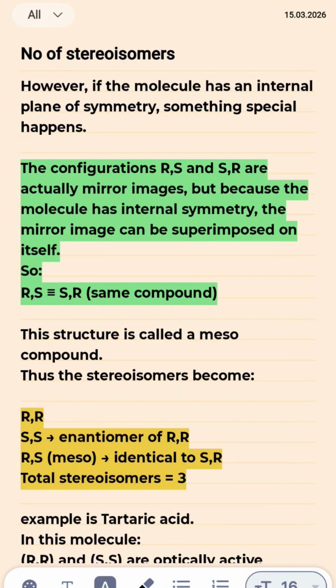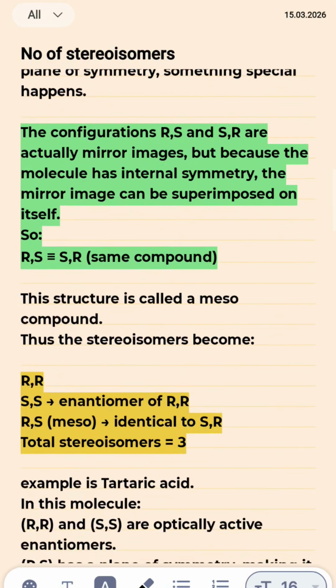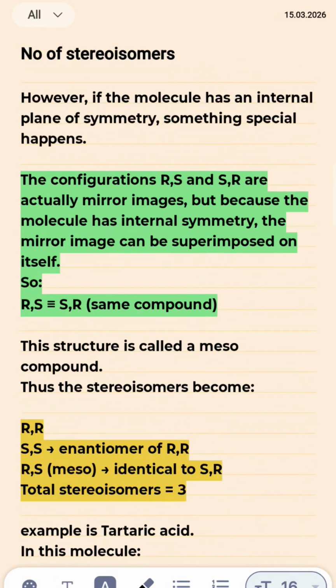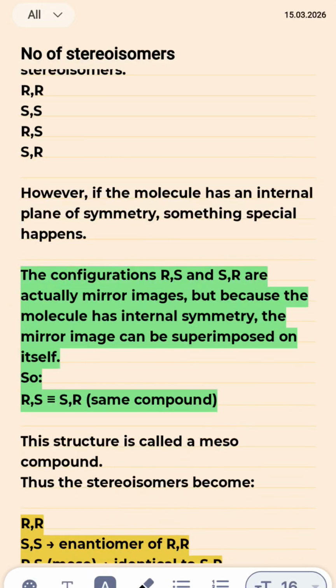So the RS structure and the SR structure give the same compound. So this structure is the meso compound.